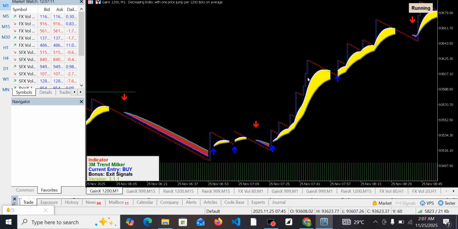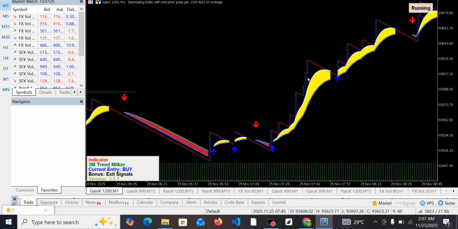So today we will be focusing on Pain X assets, which is also very, very important: how we can trade spikes on Pain X assets. Like I have said in my previous video, before you can trade spikes on any of these assets, either Gain X or Pain X, you must know the right time to trade them.